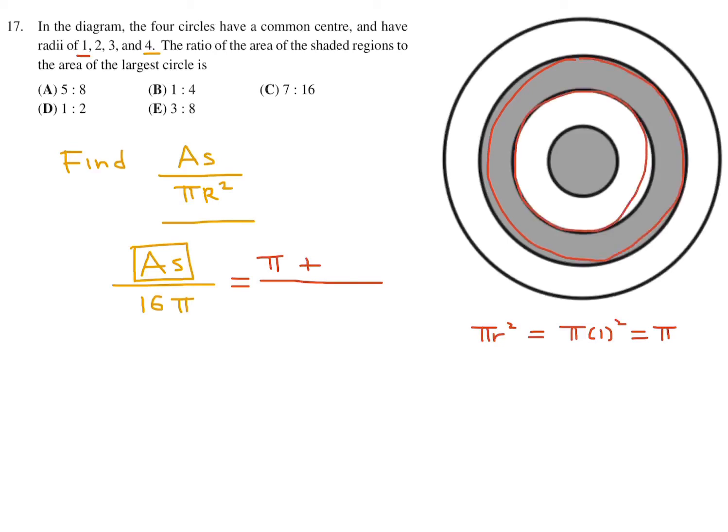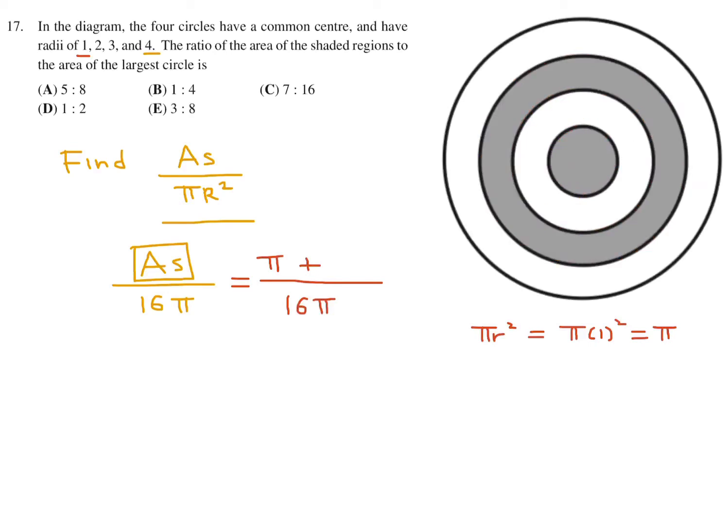So how do we get that one? That one will basically be, I'll show you, the area of the second largest circle, subtract from it the area of the third largest. Okay, I hope that makes sense. So if you take the area of the second largest and then subtract all that, you'll get that shaded region. So let's do that.